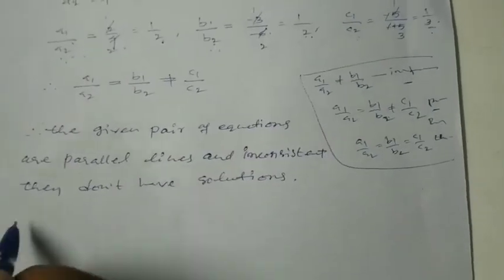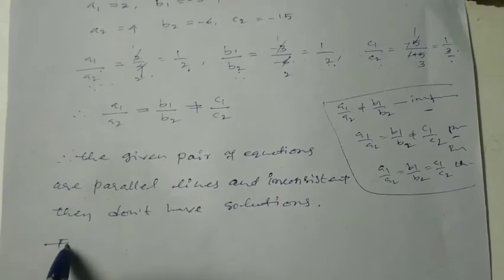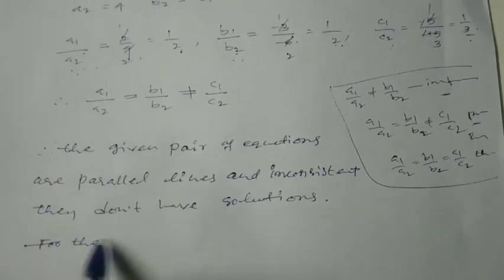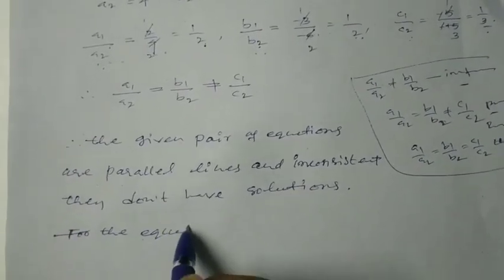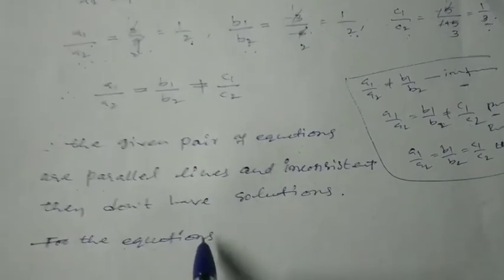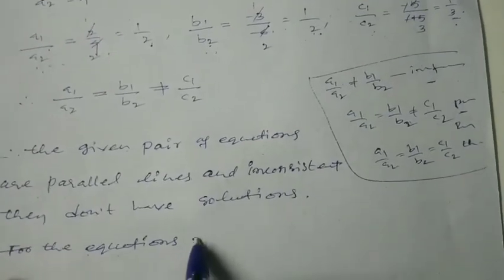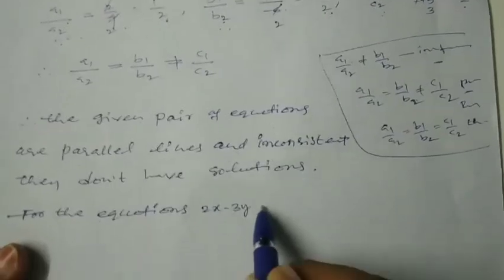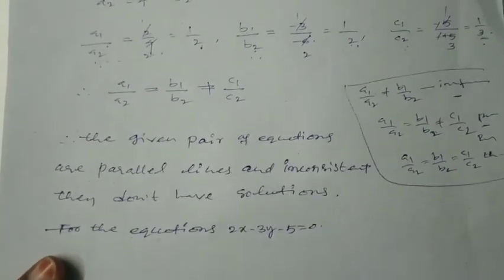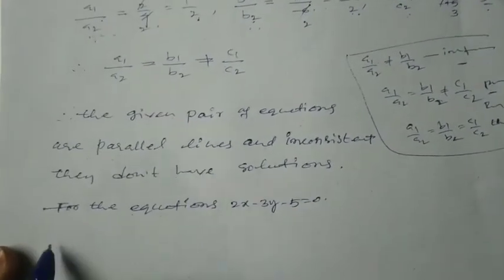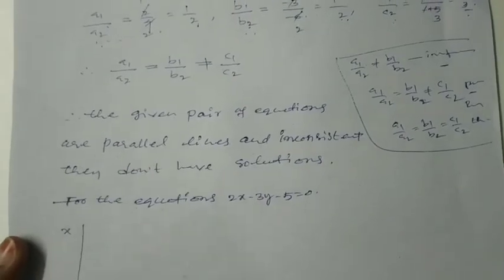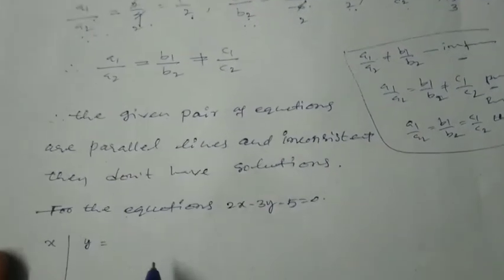Okay. Now graph plot for the equation. What is the first equation? 2x minus 3y minus 5 equals 0.